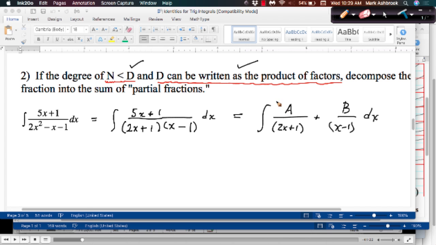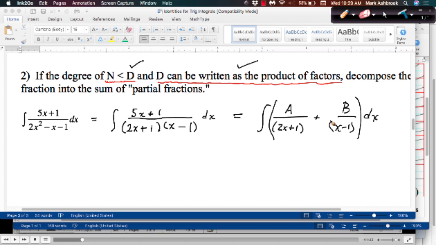Common denominator. What would the common denominator be? Times, right? So there it is. If we were to add these two together, we would get something that looked like that, because we got the right common denominator. So the question is, what values of a and b do we need so that when we add those two together, we would actually get the rate function that we started with, with 5x plus 1 in the numerator.